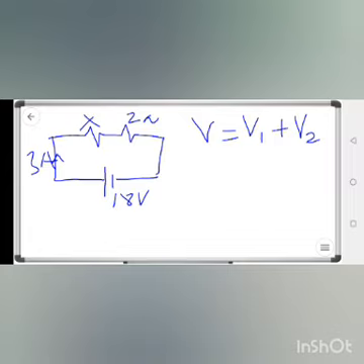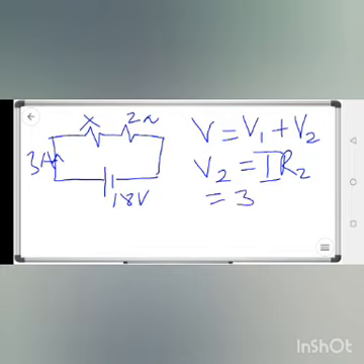So let's find V2 before we can get V1. V2 is equal to the total current I times R2. Our I, according to the question, is 3. Our R2 is 2. So our voltage drop across the 2 ohm resistor will be 6 volts. That's about it.